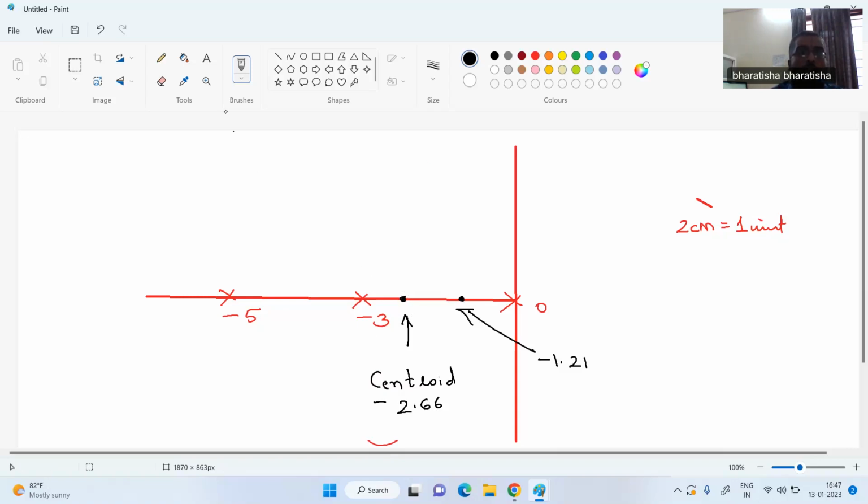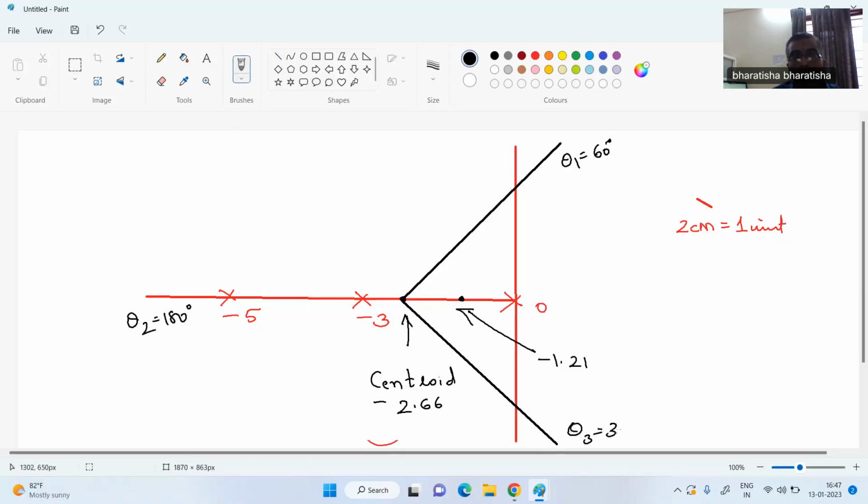From the centroid, you draw a line at an angle of 60 degrees, which will be the angle of asymptotes. This is one line, and at 180 the line is already there. So you can write theta 1 is 60 degrees, theta 2 is 180 degrees, and theta 3 is 300 degrees. So you can construct this.